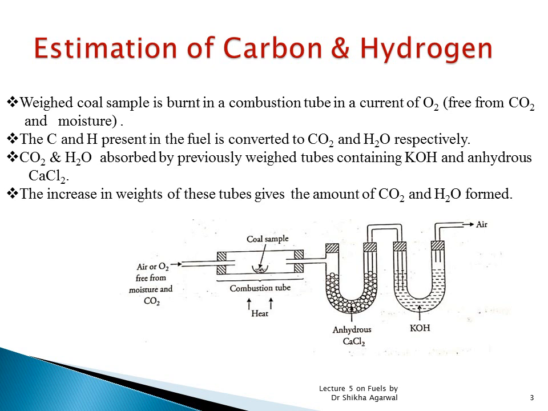Before starting the experiment, we weigh both these U-tubes, and after the experiment we weigh them again. So the difference in weight will give us the weight of carbon dioxide formed and the weight of water formed. Once we know how much water and carbon dioxide are formed, we can very easily calculate the percentage of carbon and hydrogen in that coal sample.